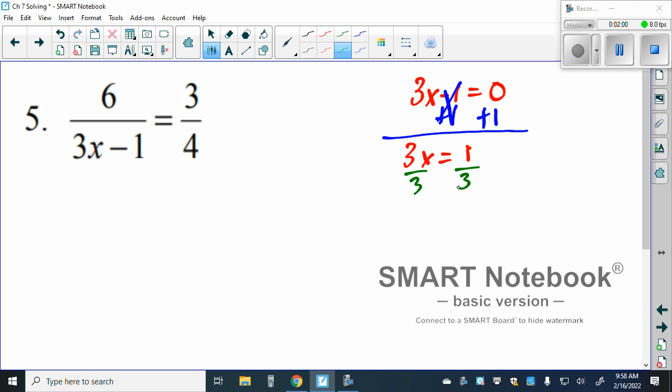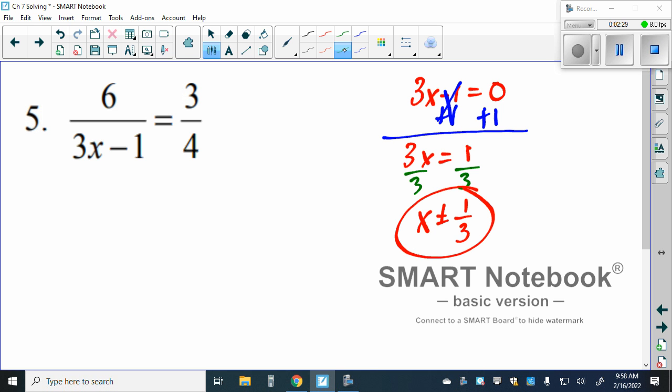Divide by 3. So if we get x as the solution of 1/3, we know that doesn't work because x cannot be 1/3. So that there is just so we can know what the restrictions are ahead of time. Any questions on this so far?